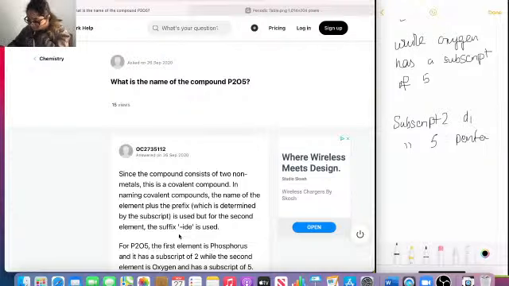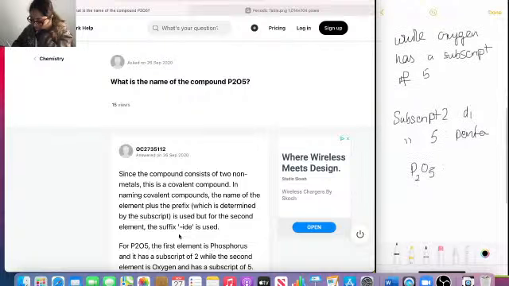When you put this together, P2O5, the way you say this is diphosphorus pentoxide.